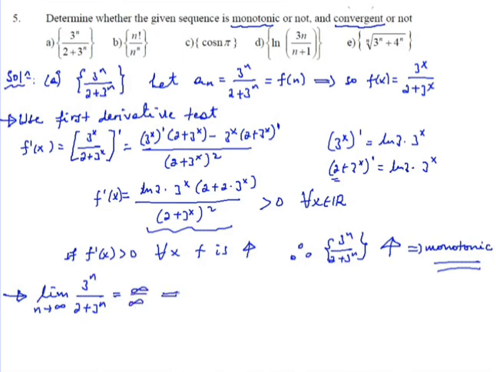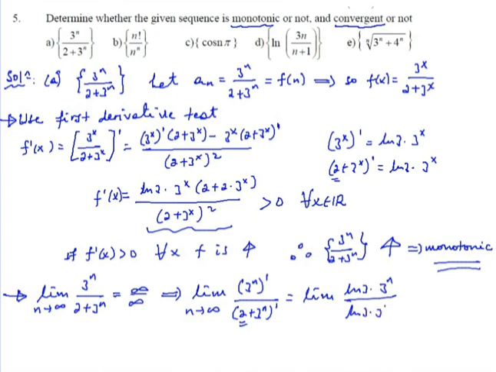ትችላላችሁ, L'Hopital's rule መጠቀም ትችላላችሁ. So using L'Hopital's rule, the limit of the derivative of 3 to the power of n over the derivative of 2 plus 3 to the power of n as n approaches infinity ነው የሚሆነው. So this is the same as the limit of ln 3 times 3 to the power of n over the derivative of a constant, which is 0. So ከታችን ምን ይኖረናል ln 3 times 3 to the power of n.